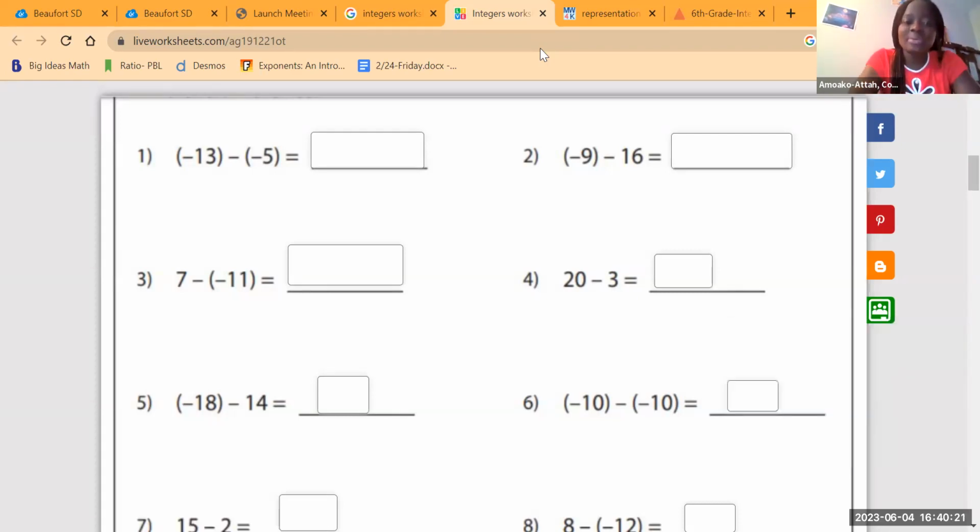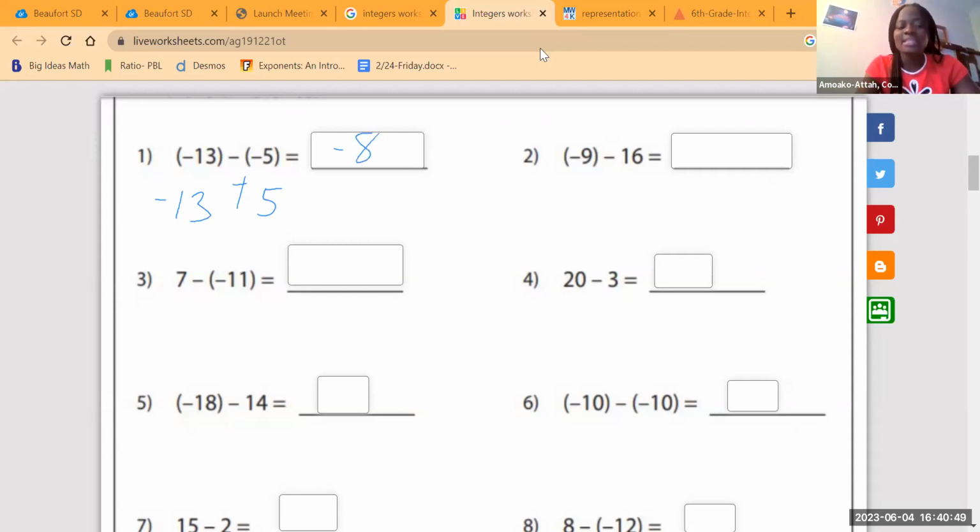All right, so the first example I have here is negative 13 minus 15. In this case, one thing about integers is when 2 negatives meet, it becomes what? Positive. So 2 negatives meeting means positive. So you are having negative 13 plus 5, which is giving us a negative 8.